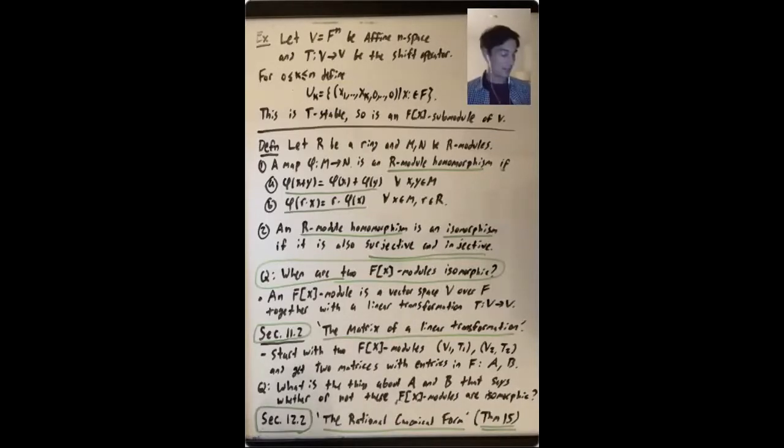And that is something that we'll talk about in section 12.2 in this chapter on the classification of modules over a PID. F[x], we know, is a Euclidean domain, so it's an example of a PID. Section 12.2 is about the rational canonical form. And in particular, if you want to skip ahead and see where this is going, Theorem 15 gives a nice answer to this question.